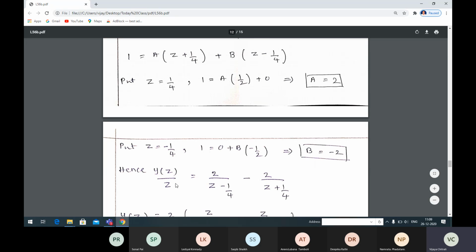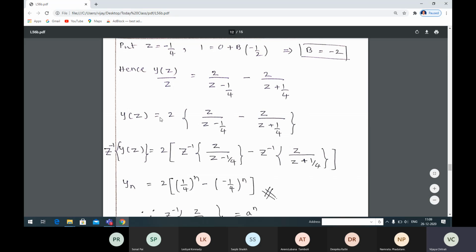So hence y of z divided by z is equal to a is 2, 2 divided by z minus 1 by 4, and b is minus 2, minus 2 divided by z plus 1 by 4. Now we want y of z. So multiply z on both the terms, taking 2 outside: y of z equals 2 into z divided by z minus 1 by 4 minus z divided by z plus 1 by 4.